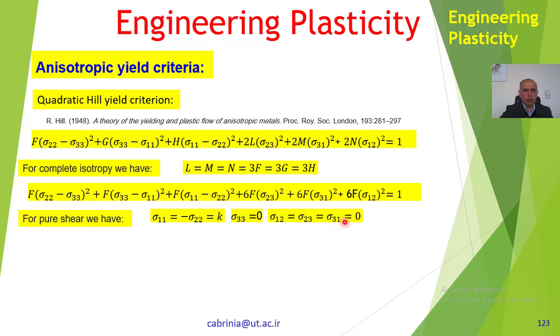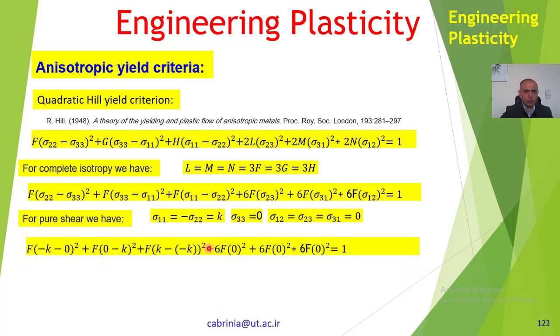And obviously these other stresses, sigma 12, sigma 23, sigma 31 are 0 because we have pure shear. If we substitute these values in this equation, then because sigma 1 and sigma 2 are K, and these are all 0, it comes to F equal to 1/6 K squared.